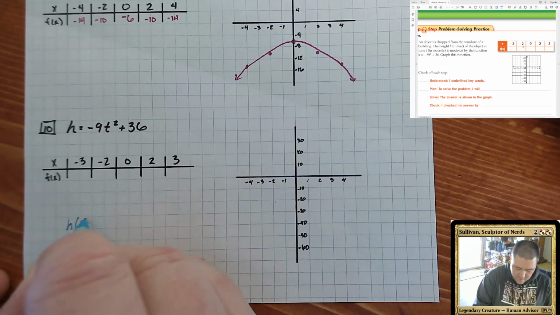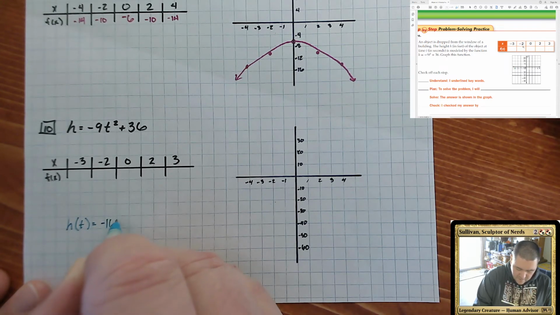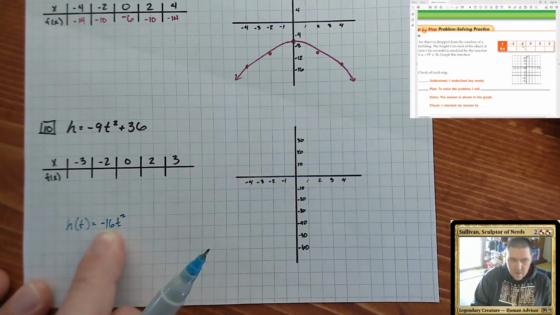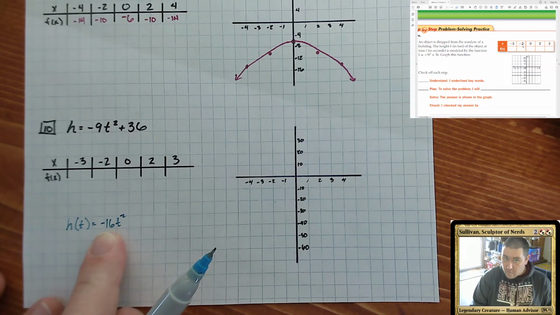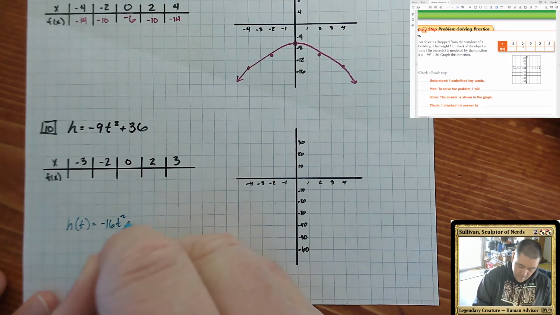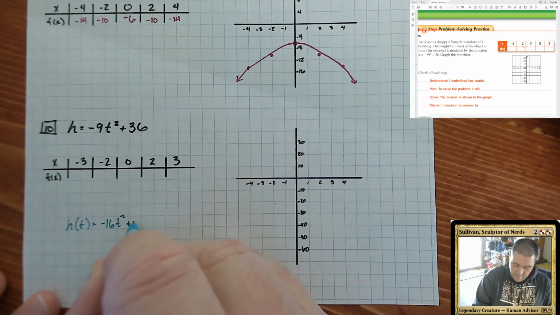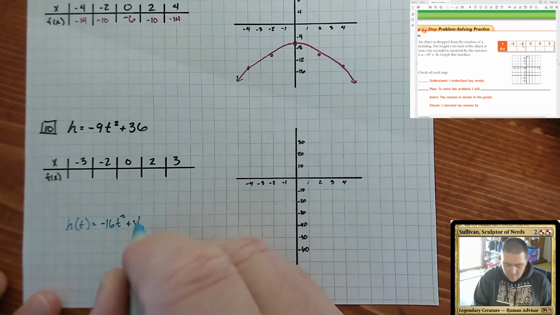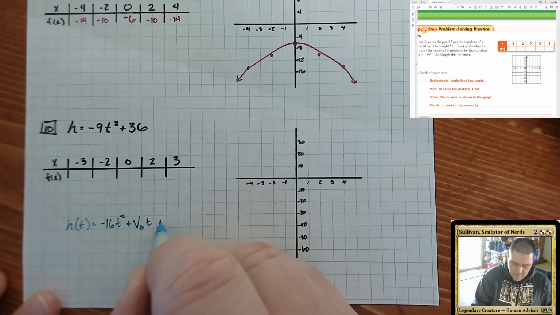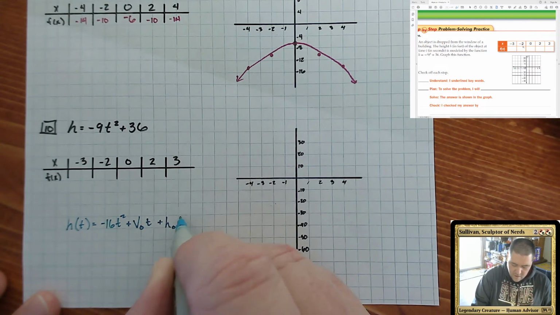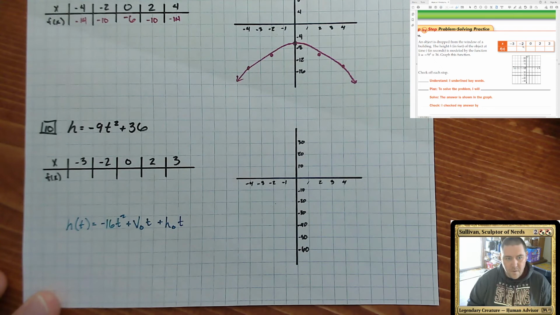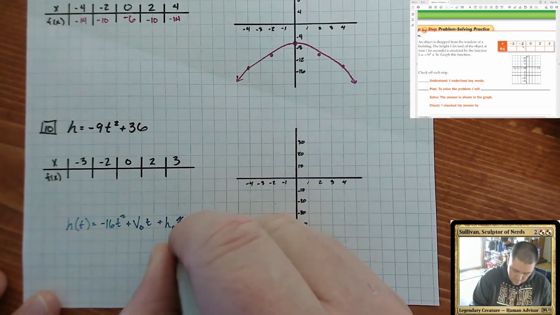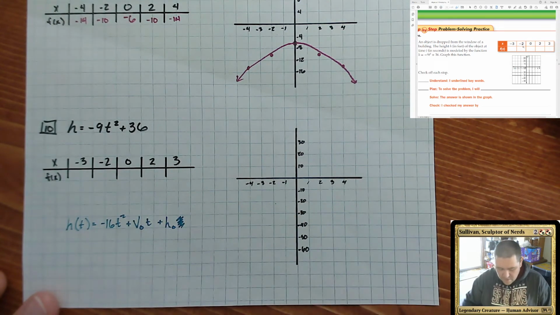Height in terms of time is negative 16t squared, because the pull of gravity is constant, plus my initial velocity, they call it v sub 0, times time, plus my initial height. Oh, but the time will be 0 because it's my initial height.